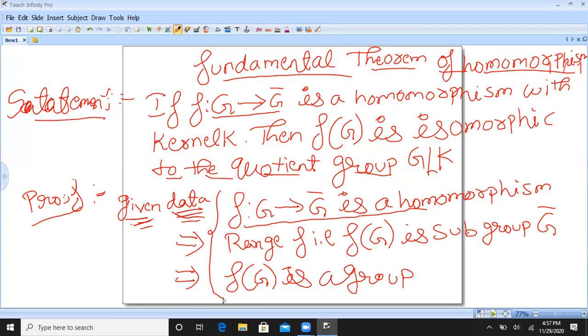Next, the range f(G) is a subgroup of G bar. Next, f(G) is a group, since we know that the quotient of a group is a group.